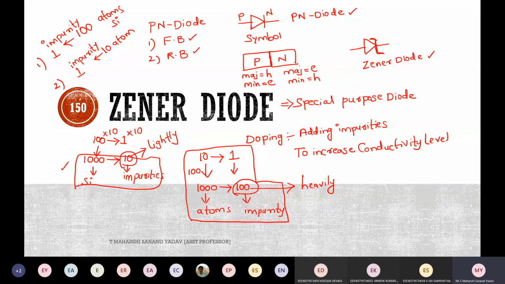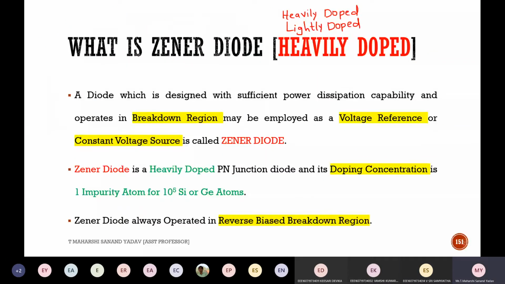Clear with this concept? Two cases, lightly and heavily. Is it okay? Yes, sir. See, the main use of Zener diode is that it is heavily doped, and generally it is used for voltage regulation.